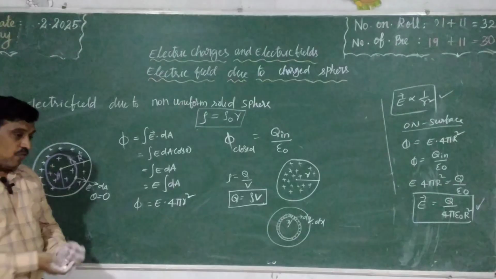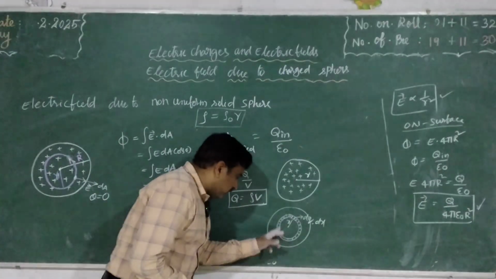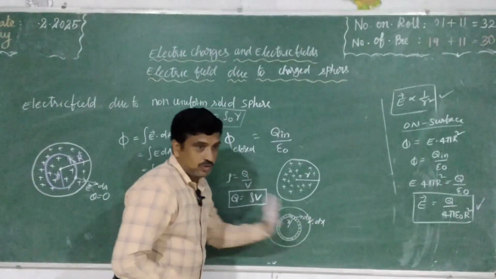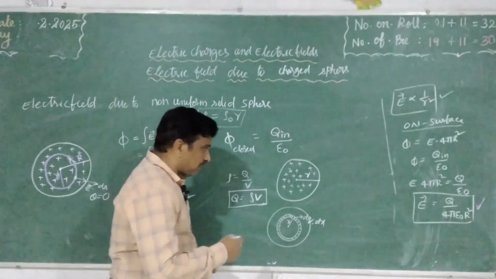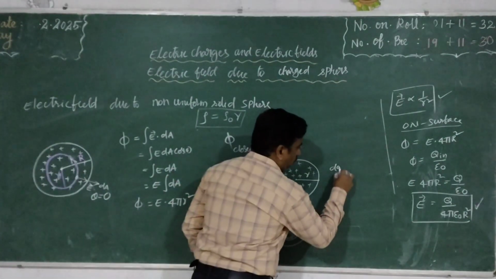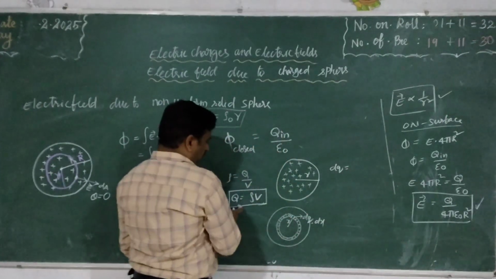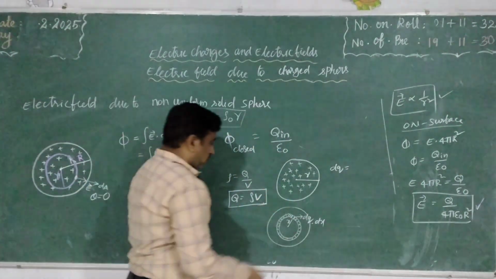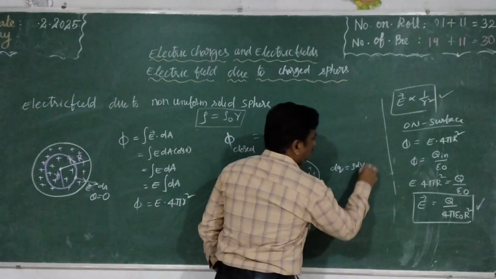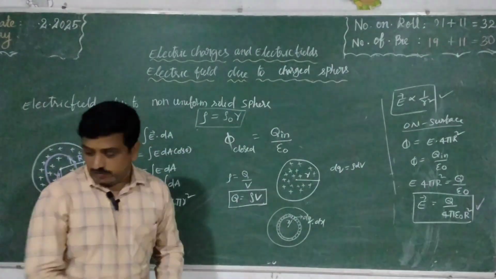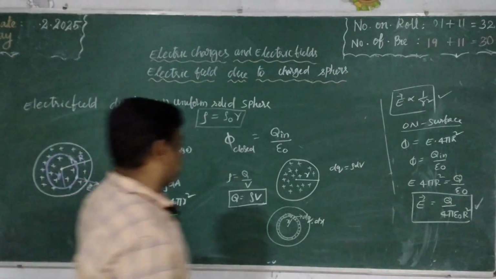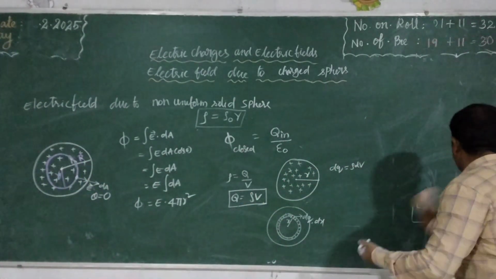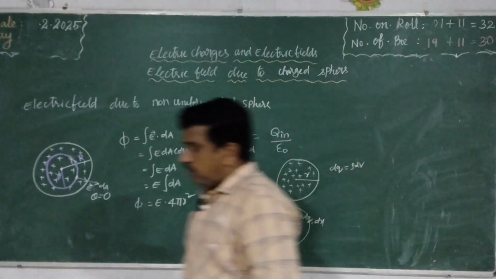So dq equals rho dV. Why? Because small charge, small volume. That's why we can write dq equal to rho dV.